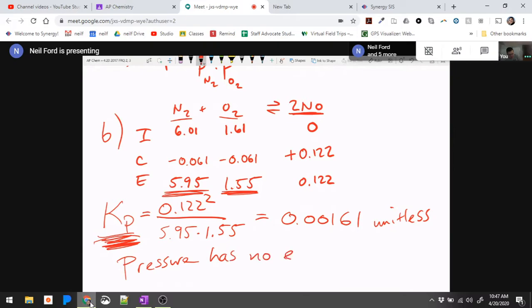Evan also did that. Pressure has no effect. Is it because when they collide, they'll separate anyways? Yeah, it has something to do with probability. Look at the probability of what's happening here.